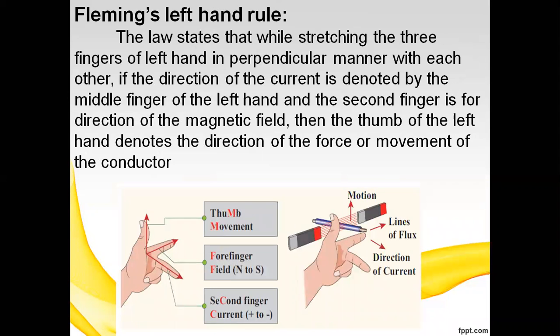The next one is Fleming's left hand rule. Stretch the fingers like this picture. Same as before, the thumb is upward, the forefinger points away, and the middle finger is perpendicular to the forefinger.